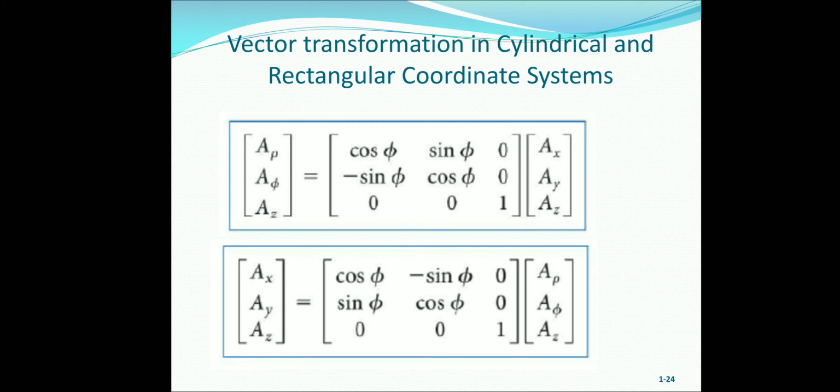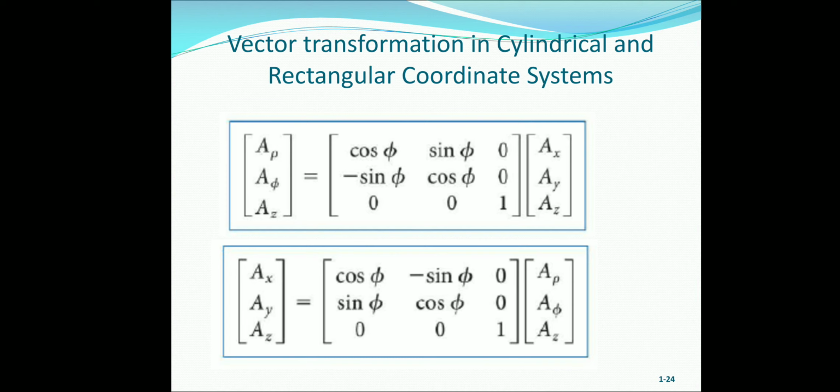This first equation shows that we can convert the rectangular coordinate system to the cylindrical coordinate system using this vector transformation. And to find the inverse, that means if you need to convert a cylindrical coordinate system to a rectangular coordinate system, you take the transpose of the first equation.